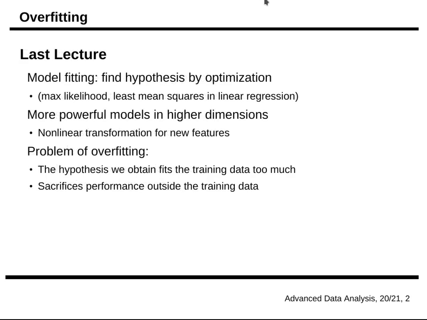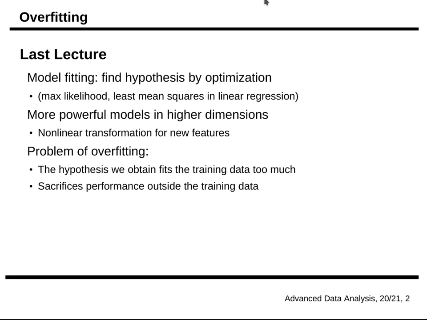In the last lecture we saw this idea of beginning with a model. In the examples I used, it was polynomial curves, and then we find the hypothesis by optimizing the parameters. We adjust the coefficients of the polynomials, in this case, in order to minimize the quadratic error between our predictions and the values we have in our data.